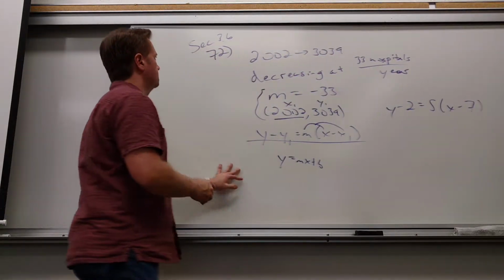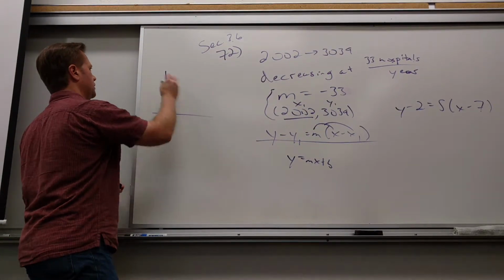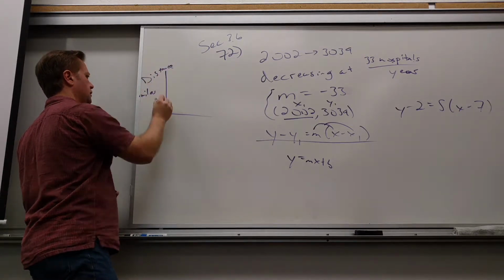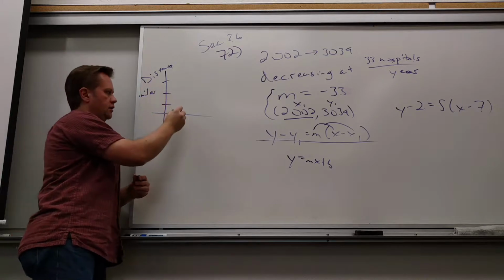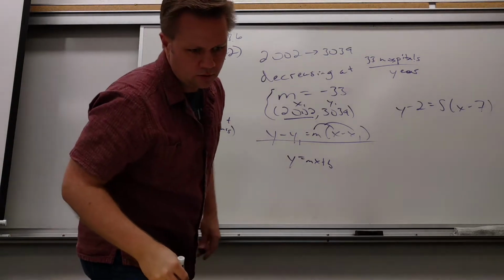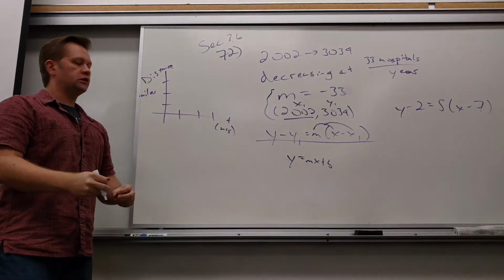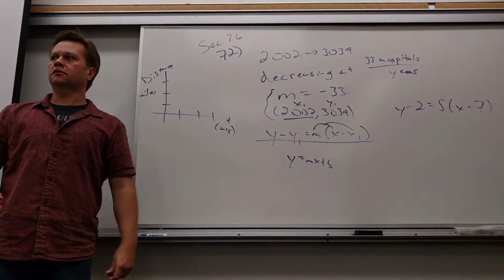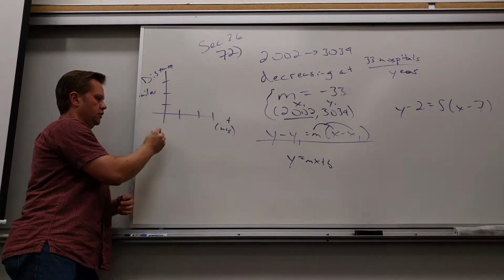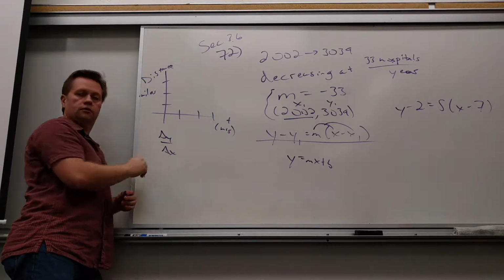If I give you a graph where this is distance in miles, and this is time in hours, right? What will the slope represent? What's the units of the slope? What is slope? It's y's over x's, right?